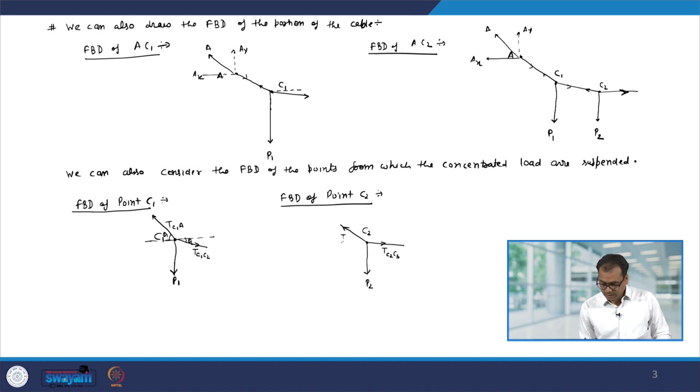So, this will be T C2 C1, and again we can say that, let us say this angle is theta 2 and this angle is theta 3, to find out all the forces. So, this way we can construct the free body diagram, either a portion of the cable or various points in the cable. Now, let us look at the equilibrium at point C1.